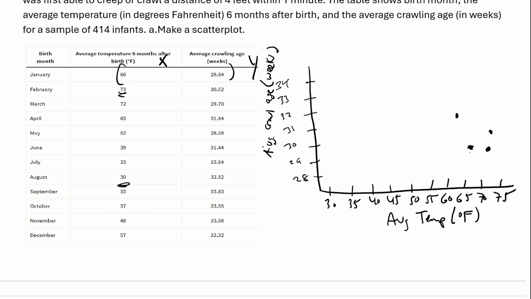52, and then 28.5. Like around there. 39 and 31.4. It's got to be closer to the 40.